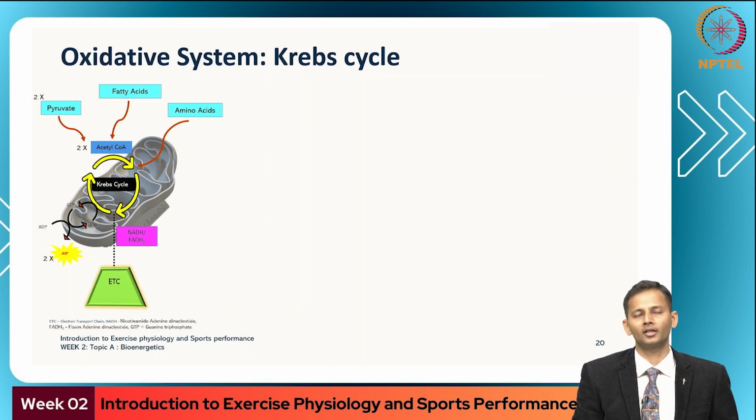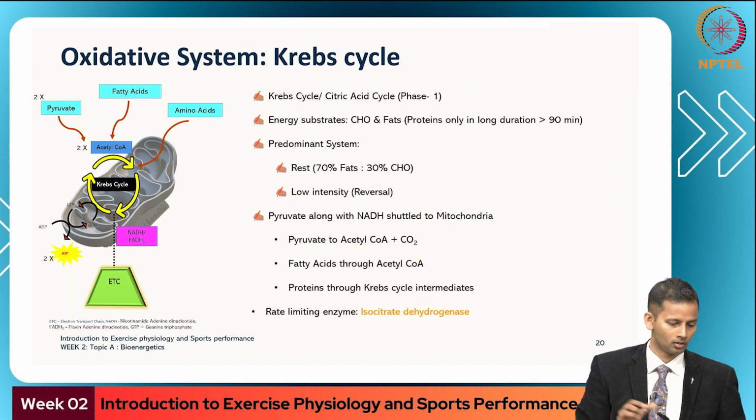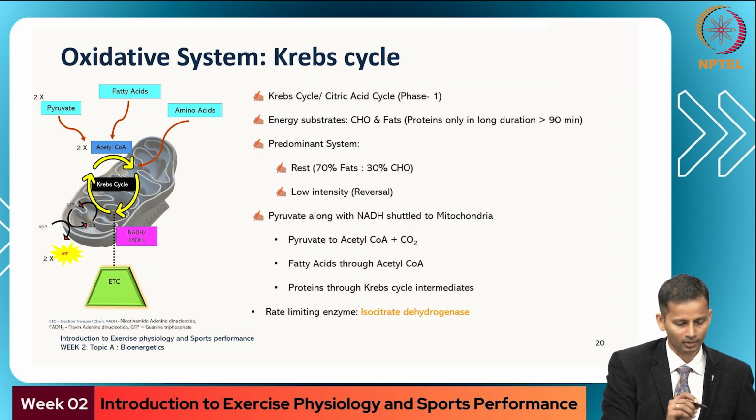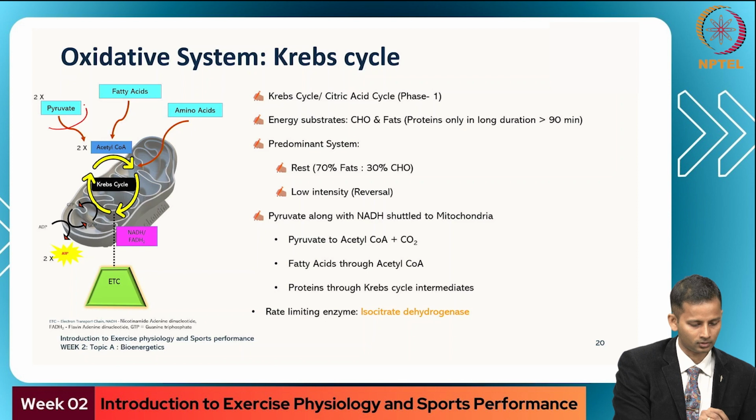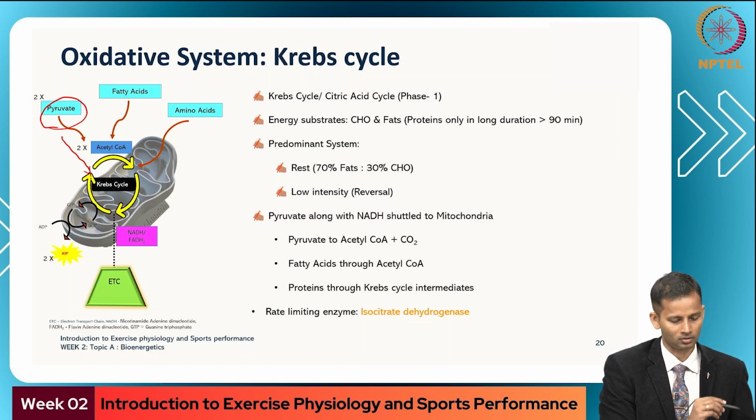So moving ahead, let's focus on the Krebs cycle of the oxidative system. You can see the picture where the reactions happen in the mitochondria. Let me show you in the slide. Say you have here the pyruvate which is available in the cytoplasm, and this is entering your mitochondria if oxygen is available, and you also have the various other macronutrients.